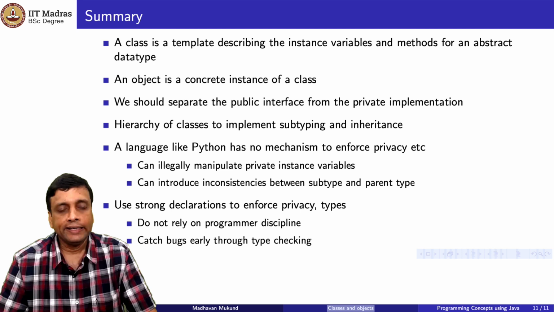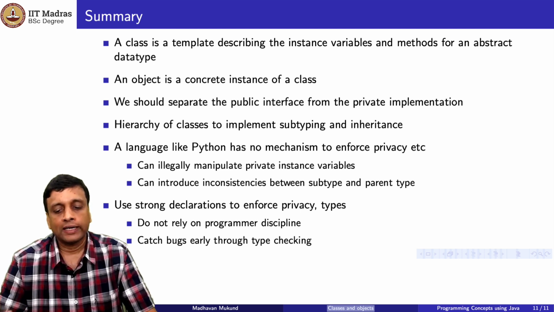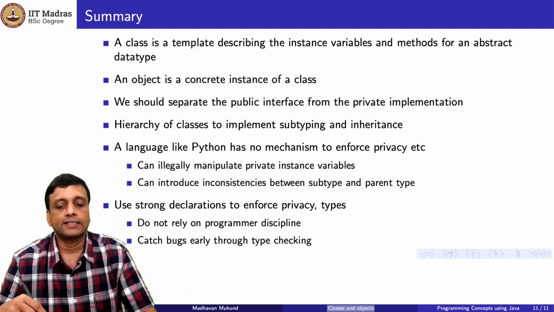So ideally what we need is a mechanism to have these strong declarations to enforce privacy and types, so that we can move away from relying on the discipline of the programmer to make things work properly, and instead allow the compiler to check these things statically and catch bugs early through type checking.